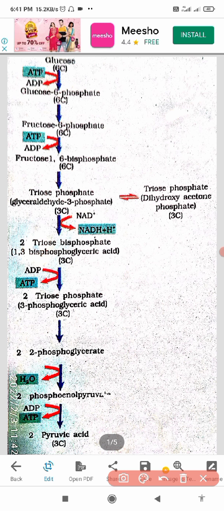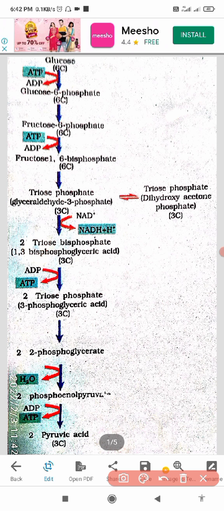When it gets hydrolyzed with the loss of water, it becomes phosphoenol pyruvate, and by the action of ADP, which takes one phosphate molecule from this phosphoenol pyruvate, the next molecule of ATP is formed, and 2 molecules of pyruvic acid are formed. This is glycolysis.